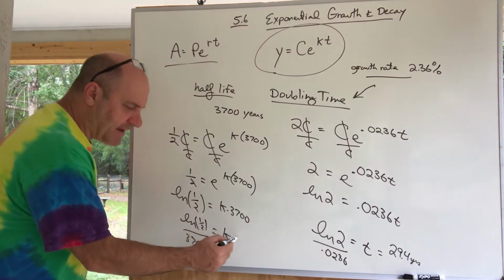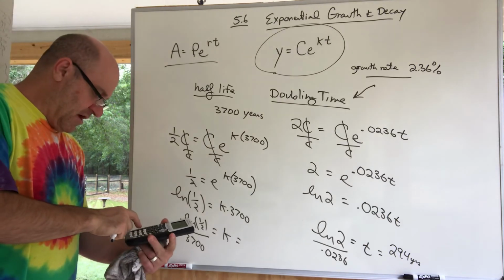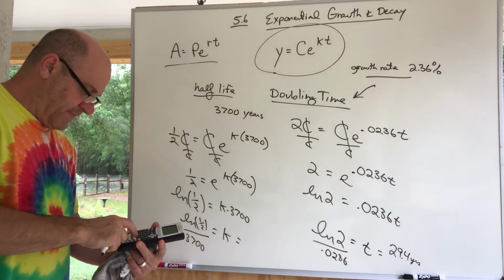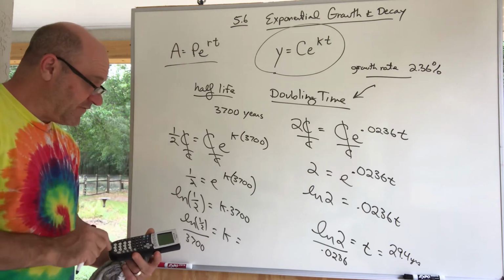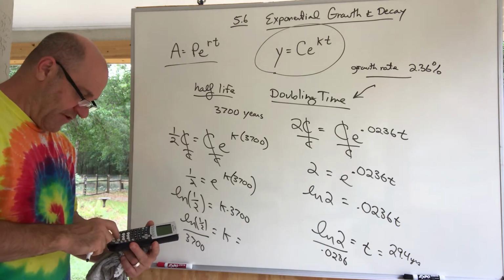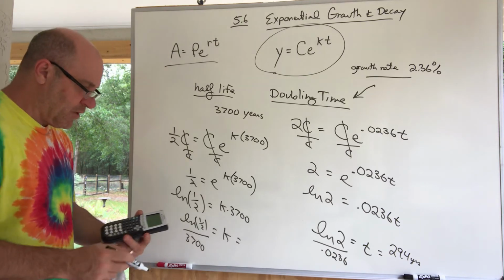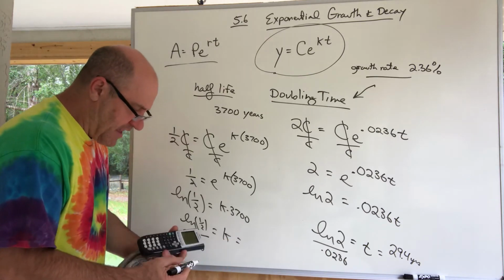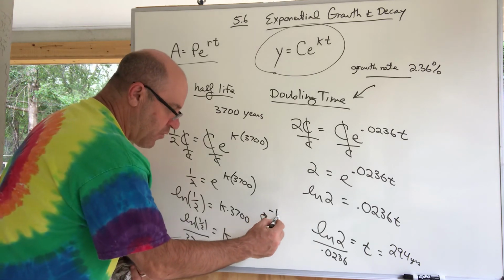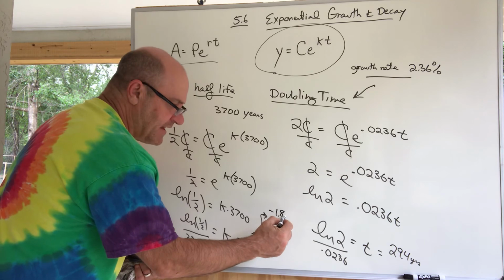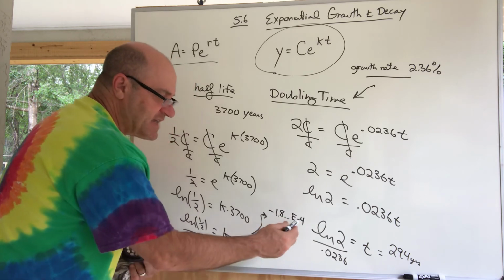Again, I'm going to pick up my calculator and see what this is. The natural log of 0.5 is a negative number. And then when I divide by 3,700, it is a teeny little decimal. Oh, in fact, my calculator gave me scientific notation there. It gave me negative 1.8 and it said E negative 4. That's scientific notation.